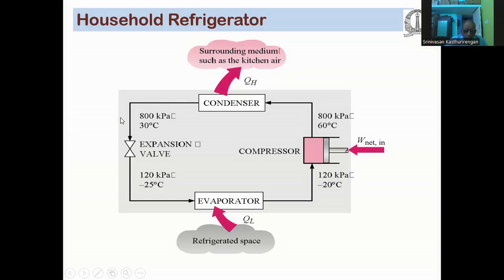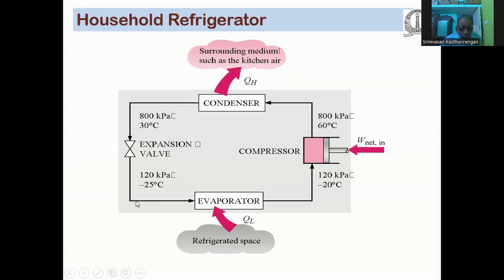And then the same 8 bar pressure is there, or it can be slightly lower. It passes through an expansion valve where the pressure drops as well as the temperature drops. It becomes an expanded liquid and vapor mixture at 120 kilopascal and 25 degrees centigrade.